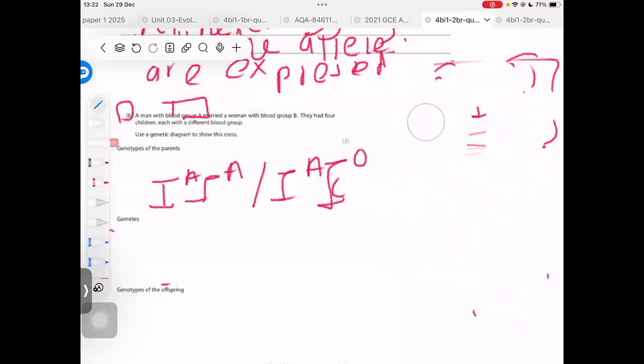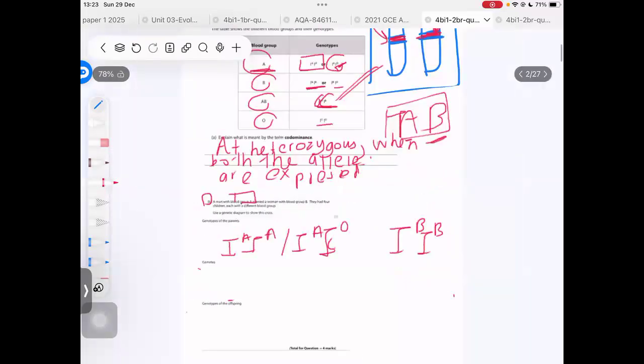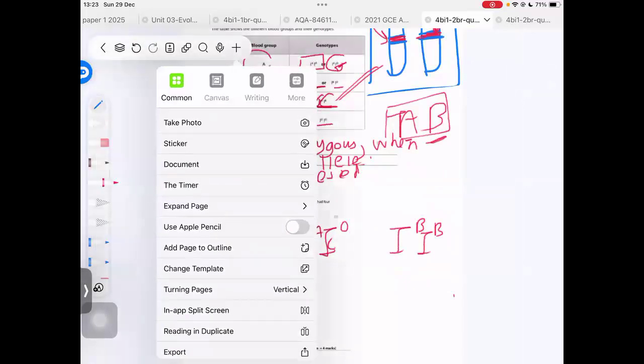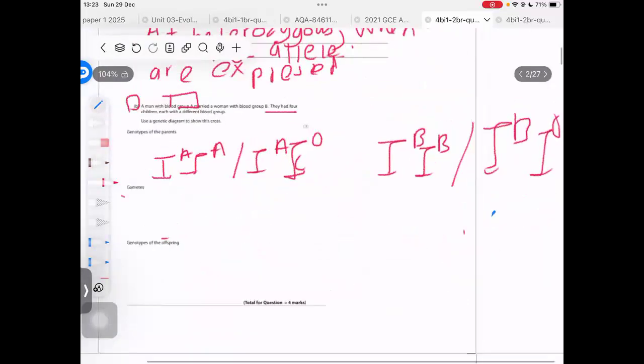And then he marries a woman with blood group B. Again, it could be IB IB, or else it could be IB I naught. So they are saying they had 4 children, each with a different blood group.